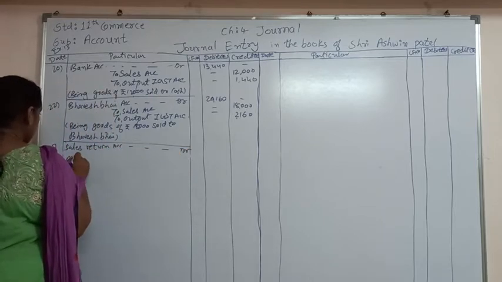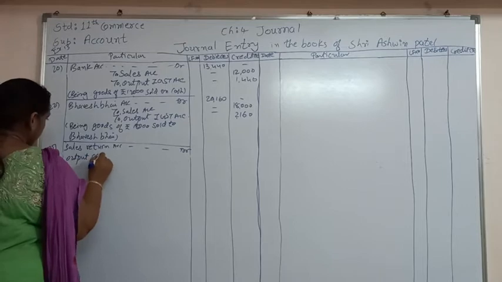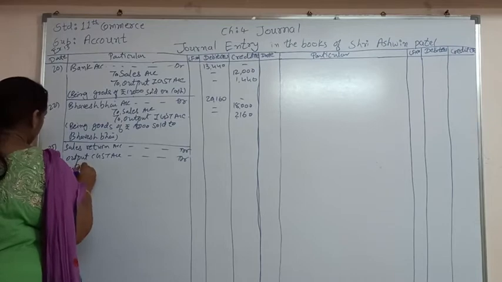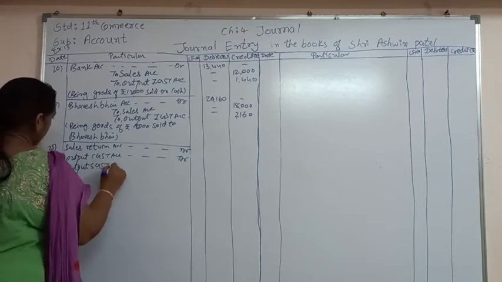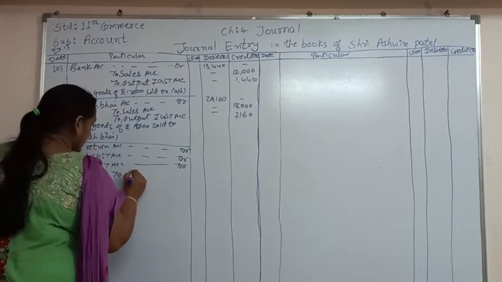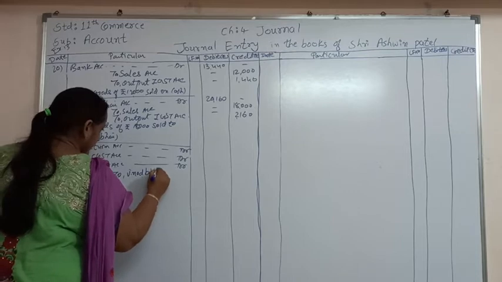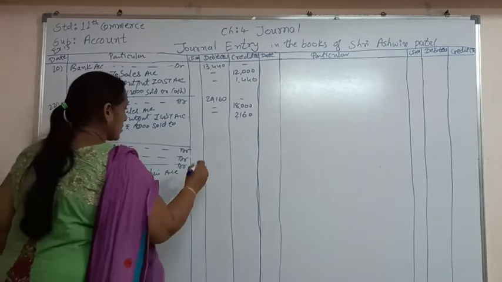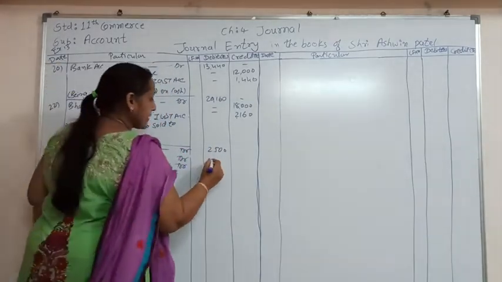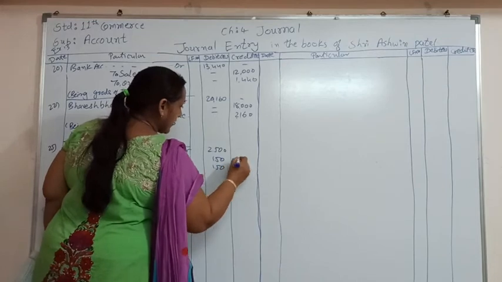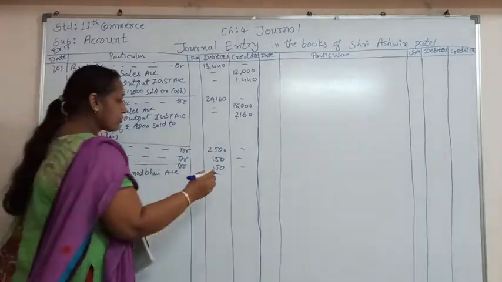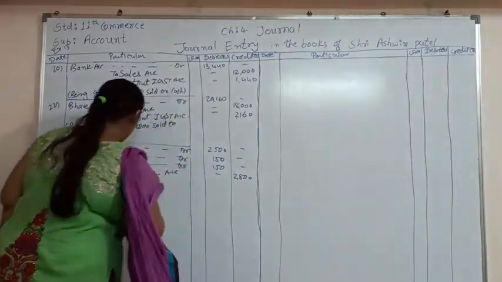Output CGST account debit, output SGST account debit, to Vinod Bhai account. So here the goods of rupees 2,500 and 6% of 2,500 will be 150, and the total amount that is going to be credited to Vinod Bhai will be 2,800.